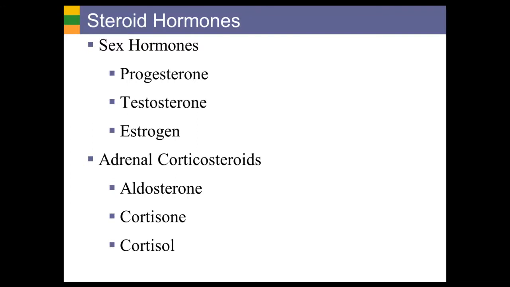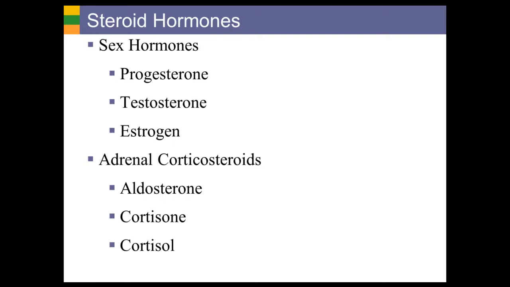Memorize these 6 as steroid hormones, and it's going to be very easy to answer any question I throw at you about the mechanism of action of a hormone. Remember, the sex hormones and the adrenal corticosteroids are the steroid hormones.